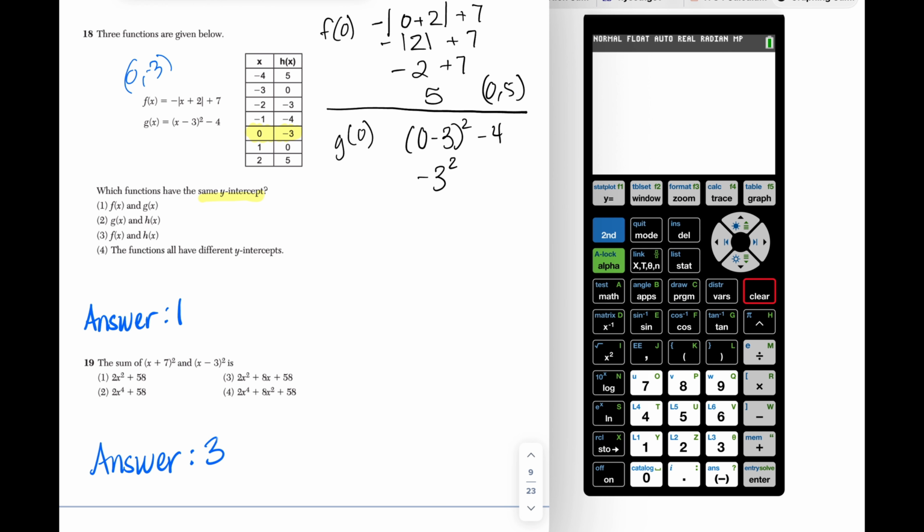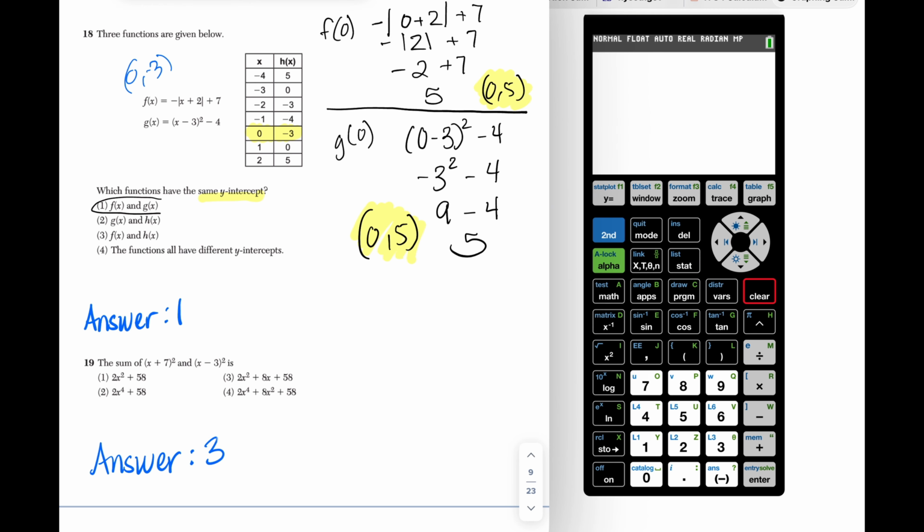So -3 squared minus 4. -3 squared is going to be positive 9, minus 4 is going to give us 5. So in this case, we would have 0, 5. So I do notice that these two have the same. The f of x and the g of x.